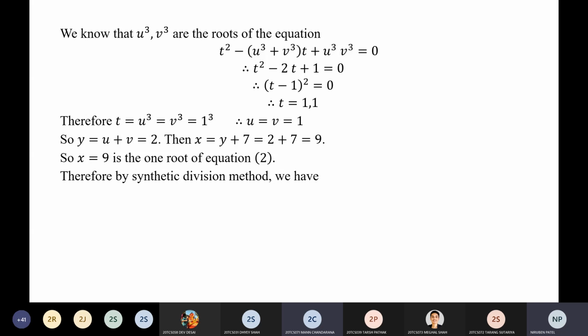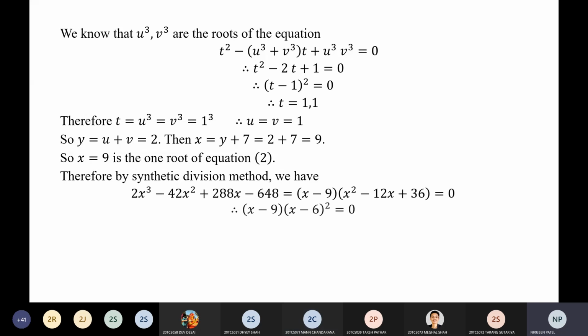Ma'am, 6. Okay, so both are 6. So is it the final answer? Will this be the final answer? Can we say these are the roots for the given equation?